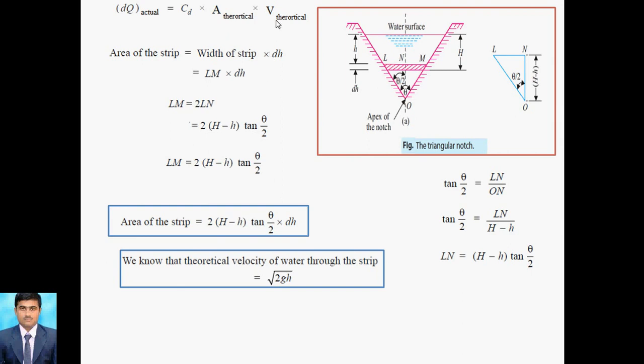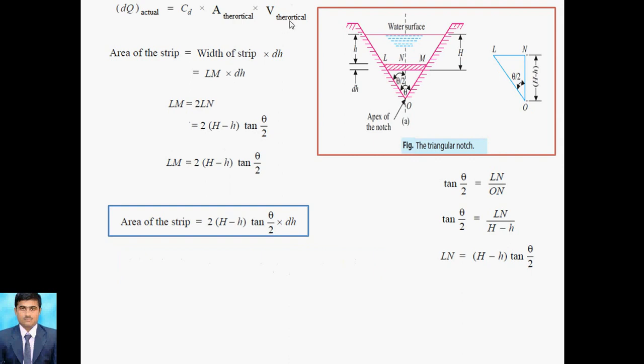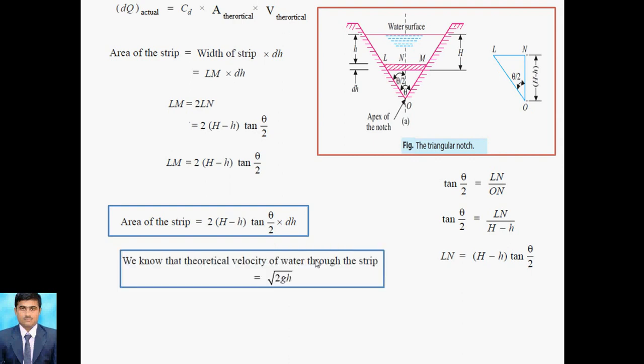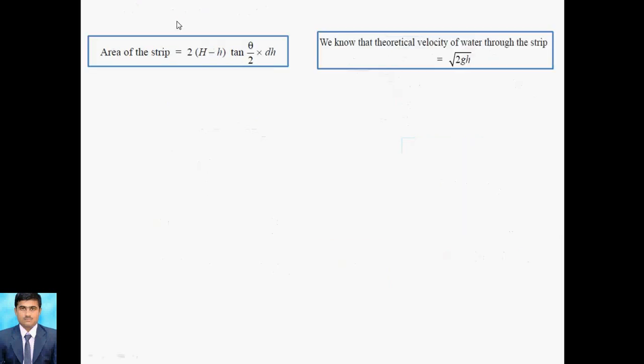Now A theoretical is calculated. Now we go for V theoretical, which is root 2gh. After putting these two values, A theoretical and V theoretical, we get the actual discharge. Now go to the relation, CD is the coefficient of discharge.